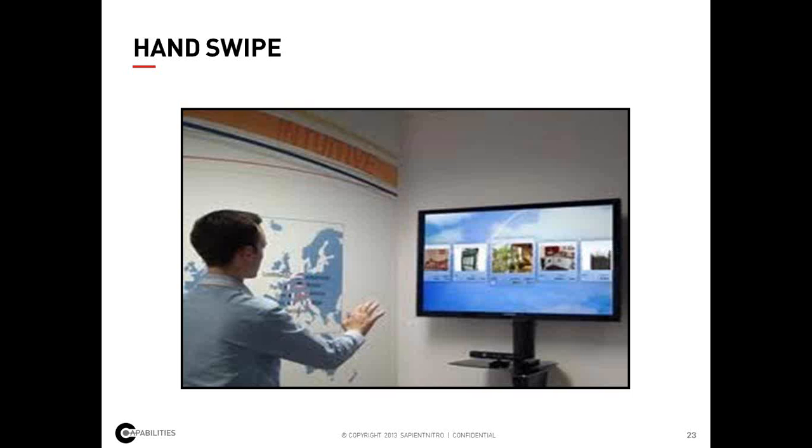You can just do a swipe of your hand and you can change the content. You can do a push and you can click on something, right? It's very easy. So these kinds of applications can be created.